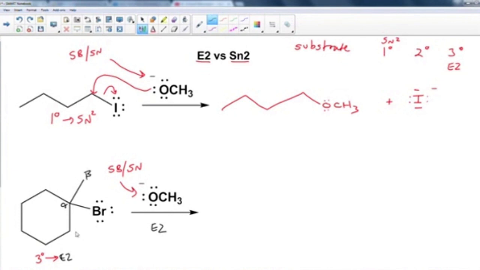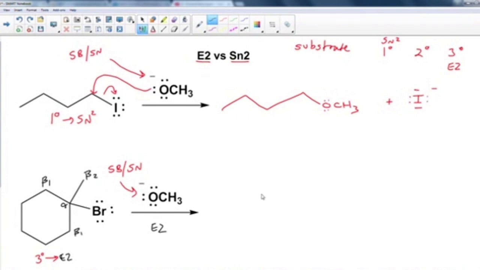So what happens now? For the elimination, we have to be a little bit careful and label all our beta carbons, because what you're going to be asked on the quiz is, if it's an elimination, to give only the most stable or the major product.